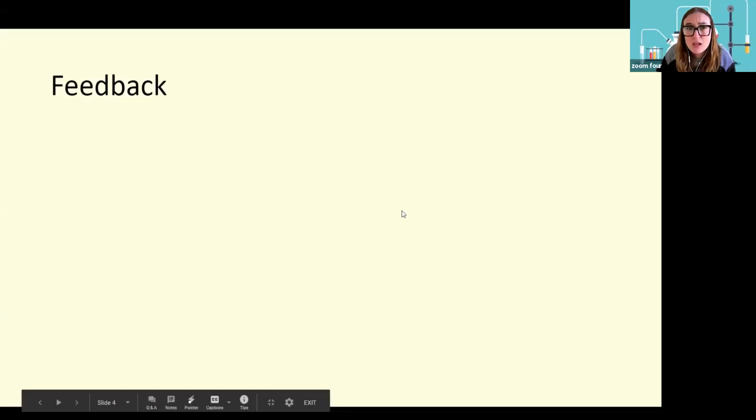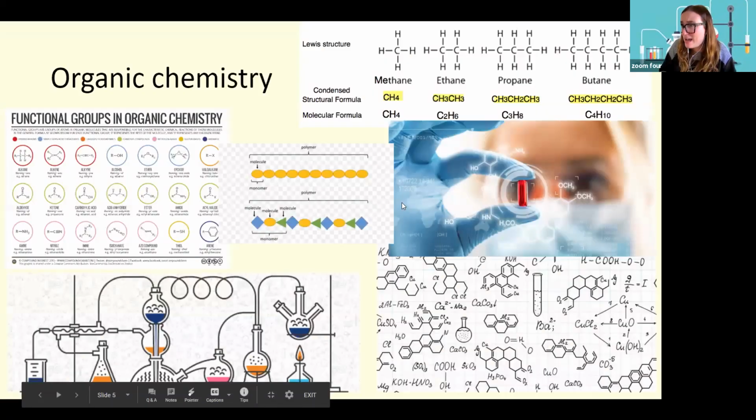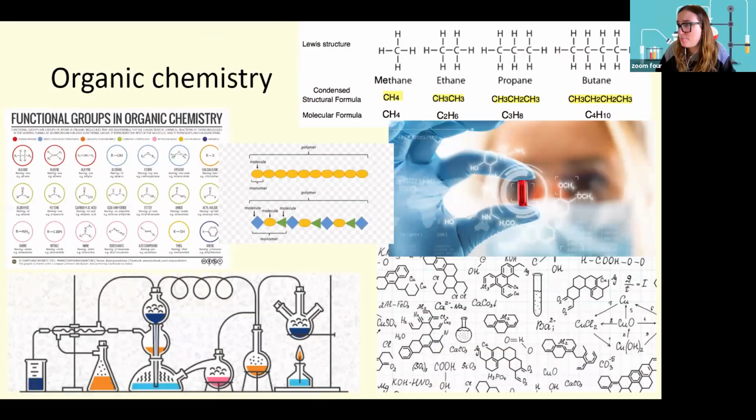Now, what we're going to start with in this bit of the topic is organic chemistry. Organic chemistry is a whole area of science, and specifically of chemistry. Predominantly, organic chemistry is the chemistry of molecules that contain carbon. And some people love it, some people hate it.